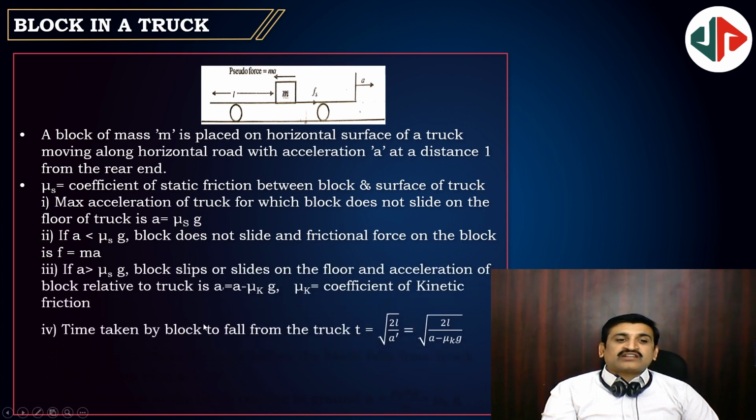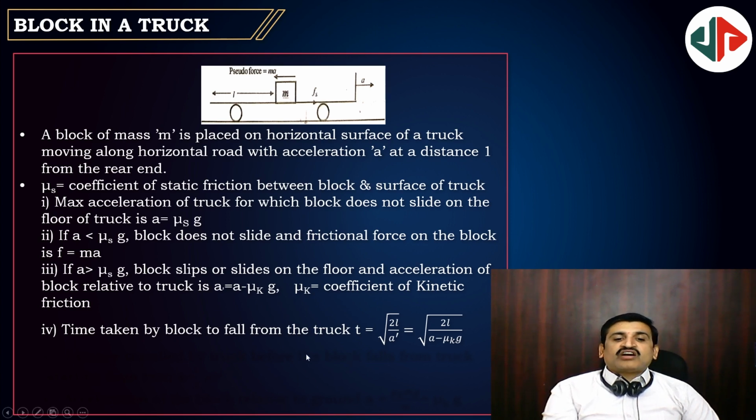Okay, if that acceleration causes the motion, then net acceleration a dash is equal to a minus mu k g, because the truck's forward acceleration is already there. So mu k g is the backward acceleration. So net acceleration is equal to a minus mu k g, where mu k is kinetic friction.